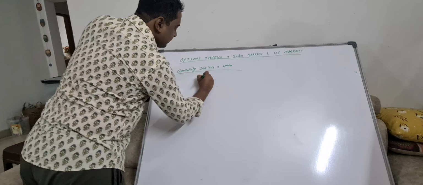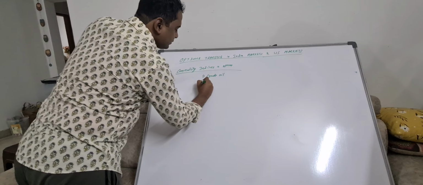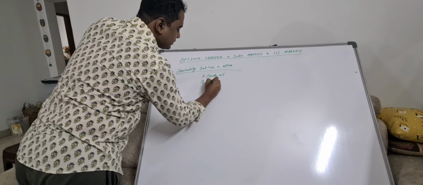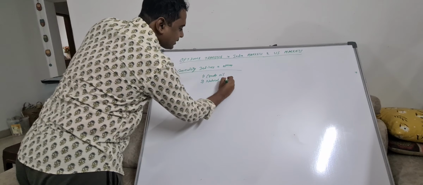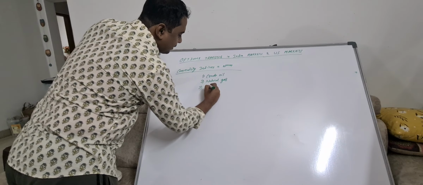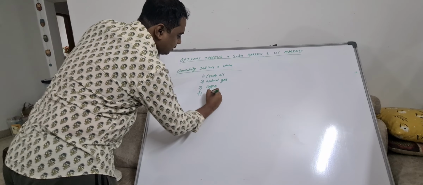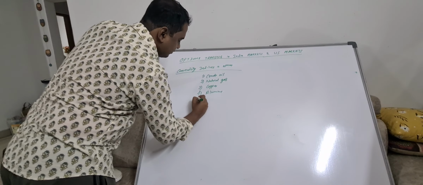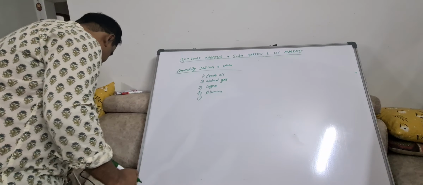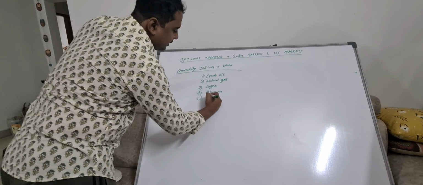The first is crude oil. Second is natural gas. These are the major traded elements in Indian markets. Third is copper. Fourth is aluminium. Fifth is copper, aluminium, nickel.